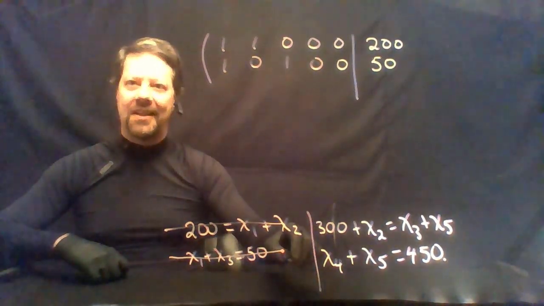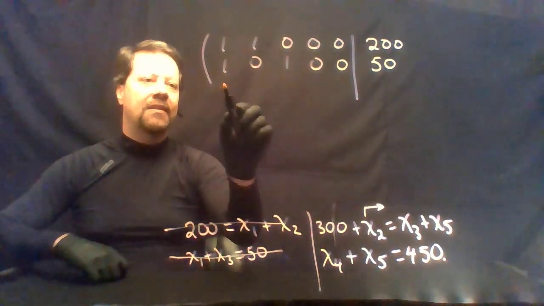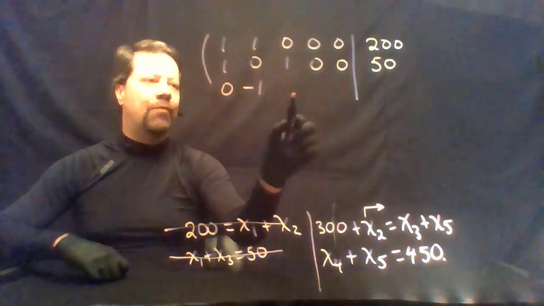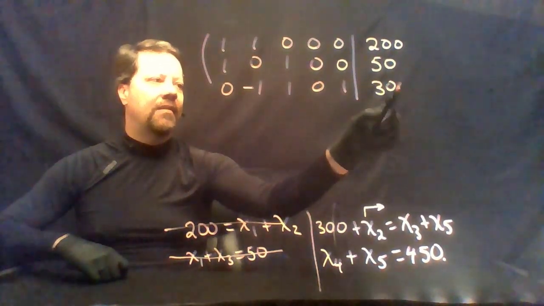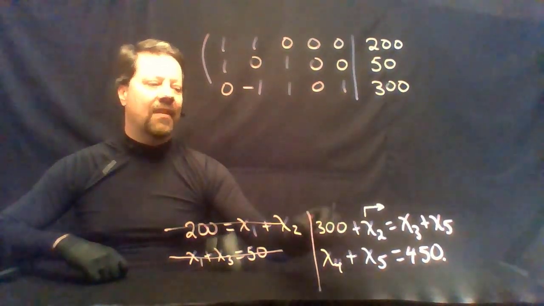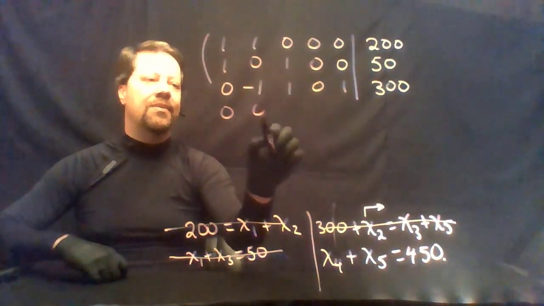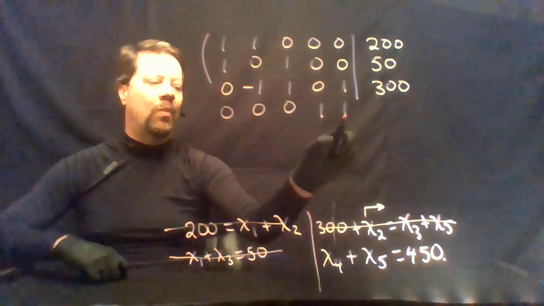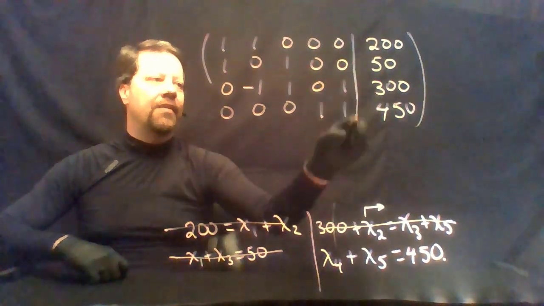That takes care of the second equation. I need to move this one to the other side. We'll have 0, negative 1, 1, 0, 1, 300. That takes care of this equation, and then finally 0, 0, 0, 1, 1, and then 450.